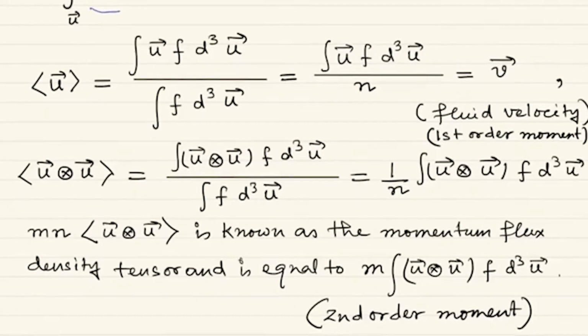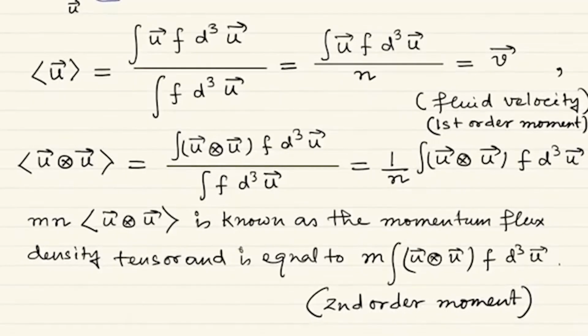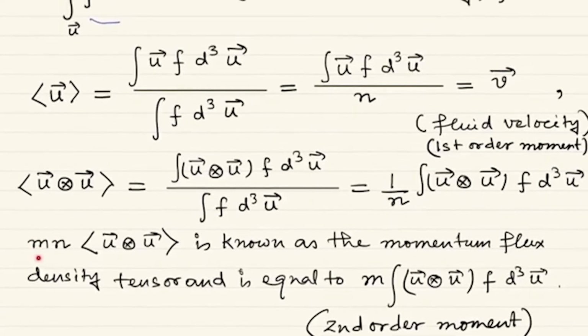So m n u tensorial u angular bracket: n is the number density, m is the mass of one particle, so this is the mass density.